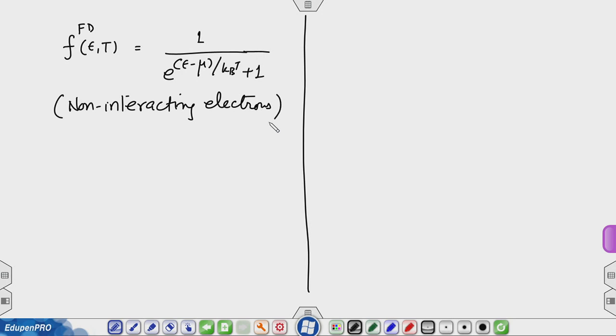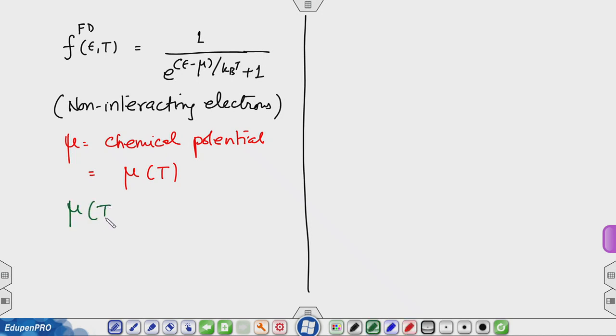Which is precisely what we are considering, because we are taking electrons to have no interaction. Mu is known as the chemical potential, and it is temperature dependent. I'll show you in a minute how it depends on the temperature. And mu at T equals 0 is equal to epsilon F.